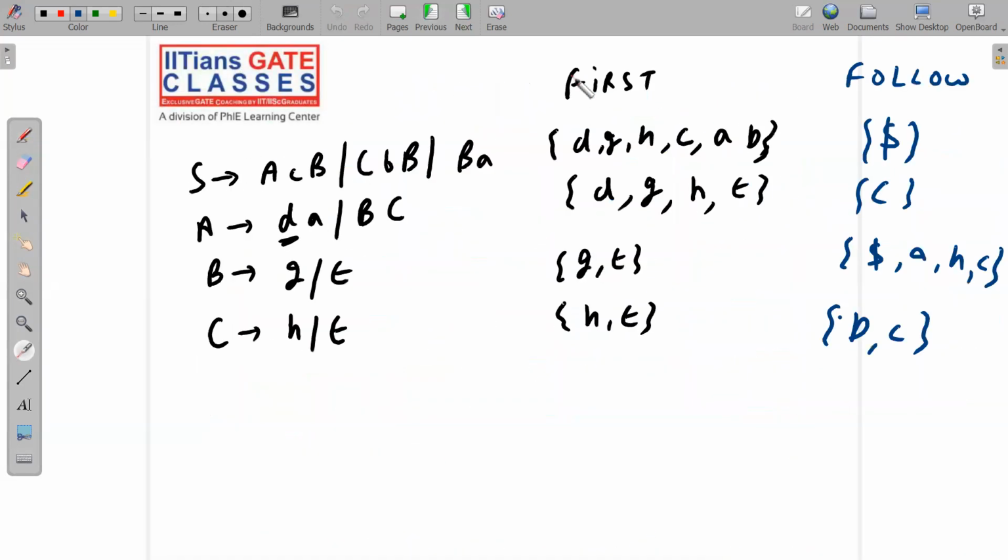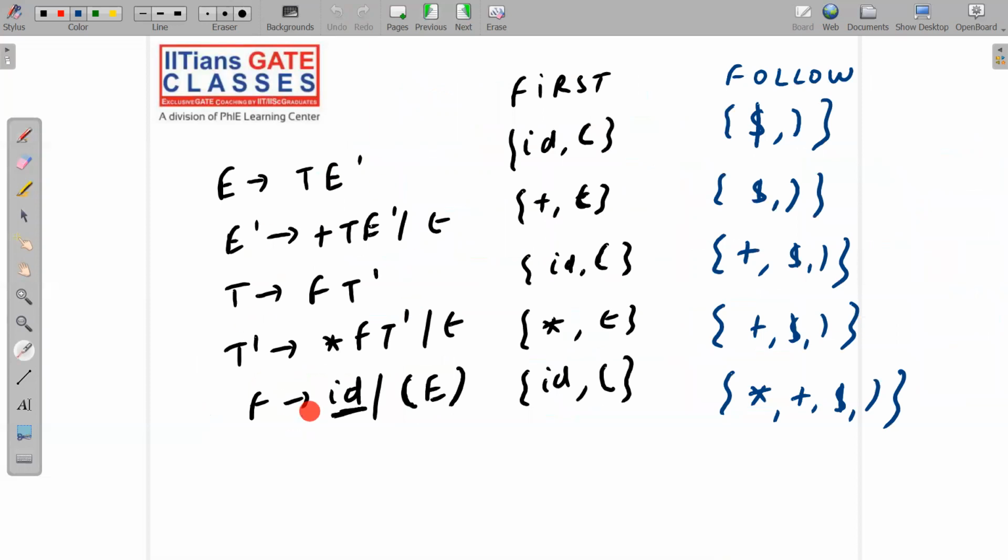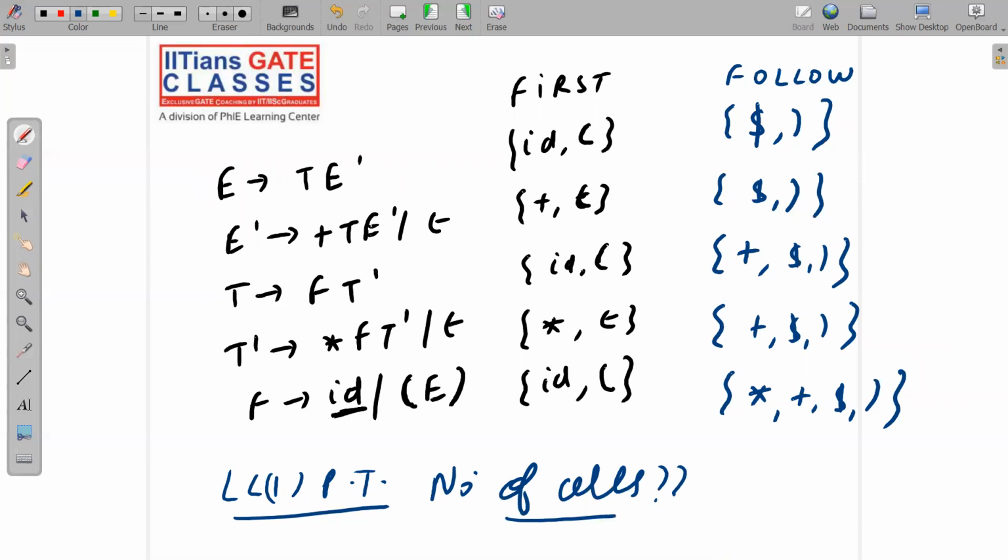So directly the question can come. Forget about first and follow. They will give you this grammar and say, in the LL1 parsing table, number of cells. So you will say, 1, 2, 3, 4, 5 non-terminals row-wise, and then plus, star, ID, opening, closing, that is 5, and plus dollar, 6.